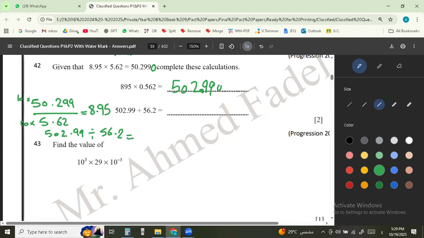They are equivalent fractions, so this is equal to this. Exactly, they are the same. Okay, so the answer is just the same, 8.95. These are equivalent fractions, but they wrote it using the division sign.